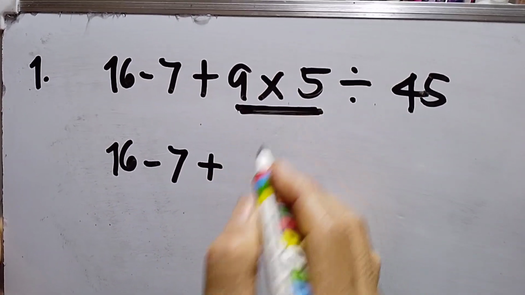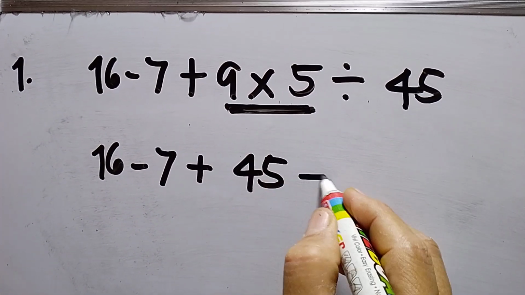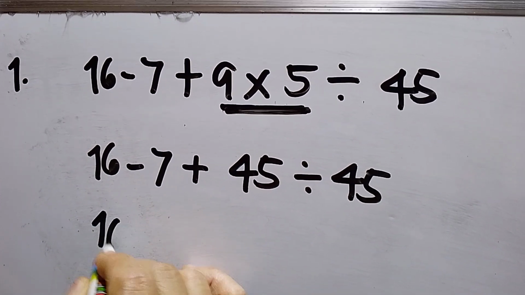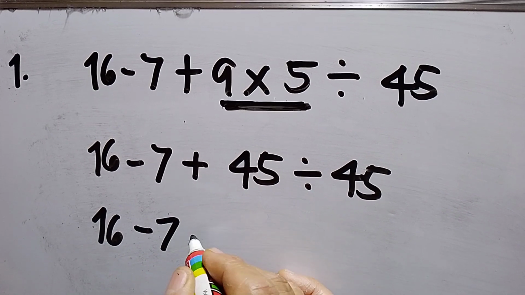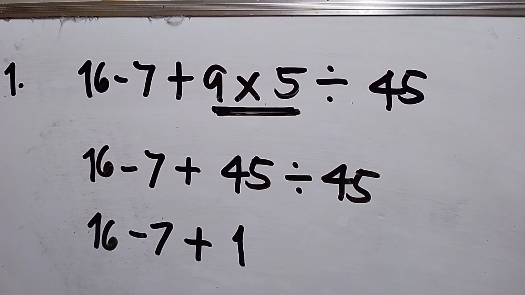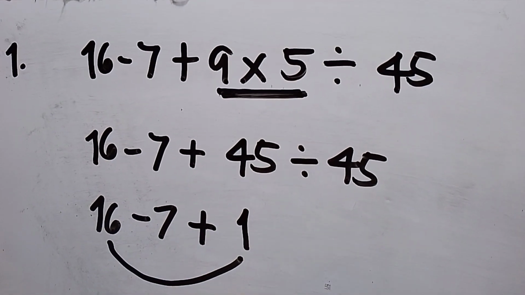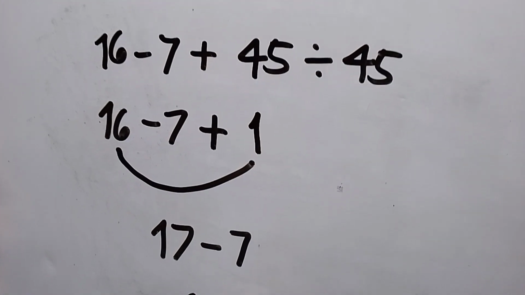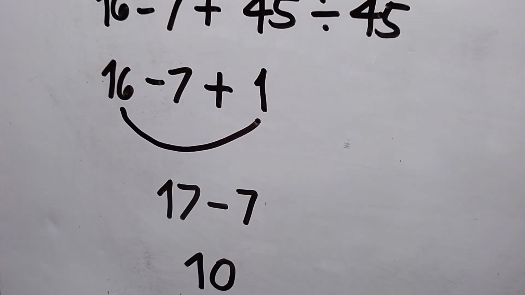Then 9 times 5 is 45, divided by 45, so next will be division. So just copy 16 and negative 7, and then 45 divided by 45 is equal to 1. And then combine, positive. So this will be 17 minus 7. The answer is 10. Now let's go to number 2.